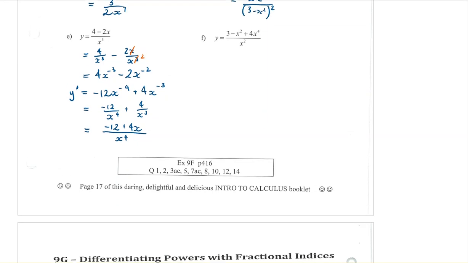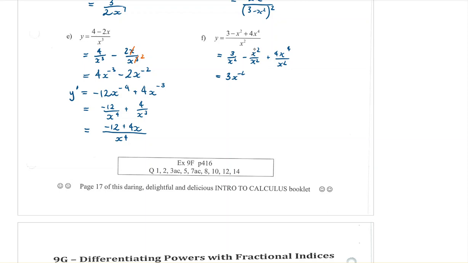So I have 3 terms on the top of the fraction, so I'm going to split this into 3 terms. So 3 over x squared minus x squared over x squared plus 4x to the 4 over x squared. Now the first term could be rewritten as 3x to the negative 2.